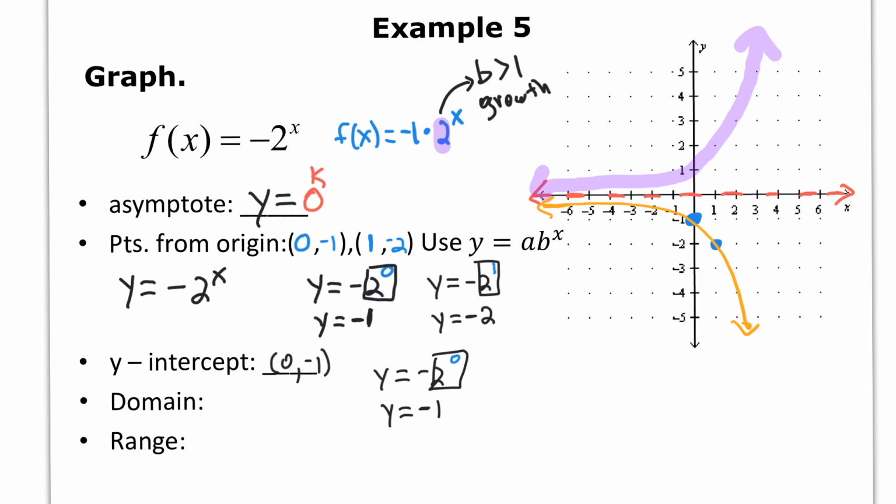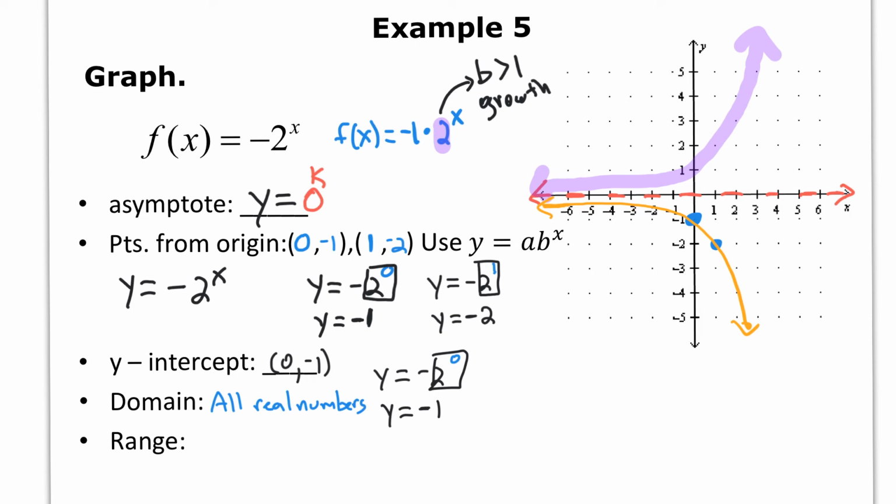My domain, no matter if you have a transformation or a reflection across the x-axis, domain is always the same. My domain is all real numbers. Where you have to be careful is the range. The range depends on where the graph is with respect to the asymptote. So my asymptote is on top of the x-axis and the graph is below.